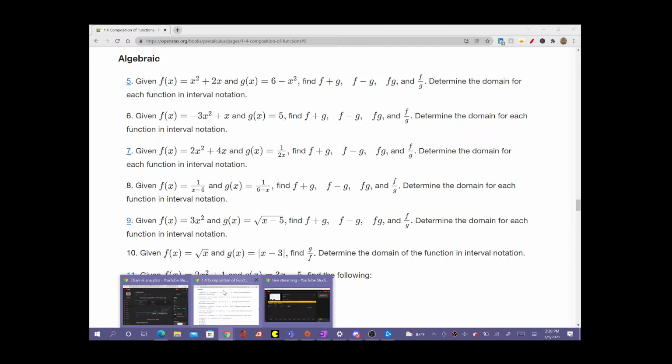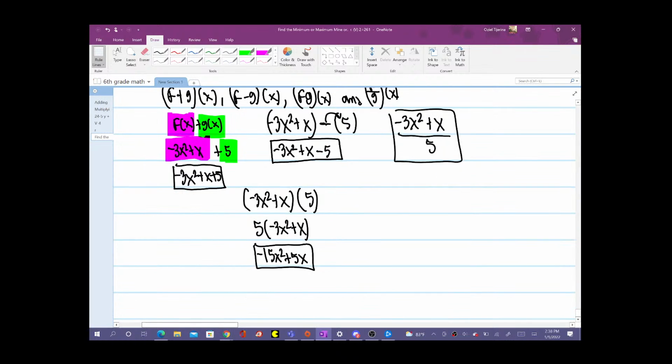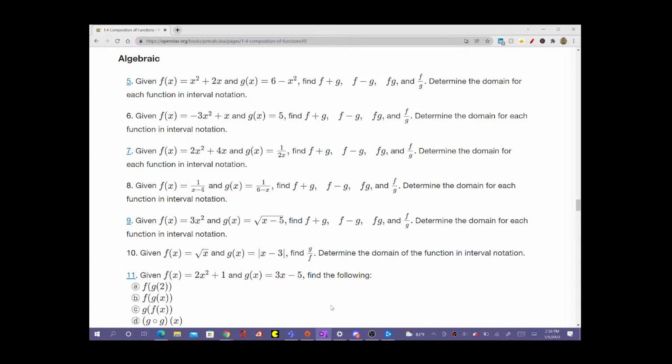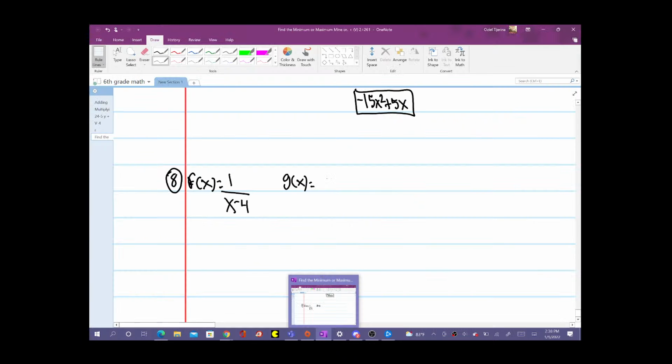So for number 8, you have f of x equals 1 over x minus 4. G of x equals 1 over 6 minus x. And you want to find f plus g of x. So we're going to do that one first.